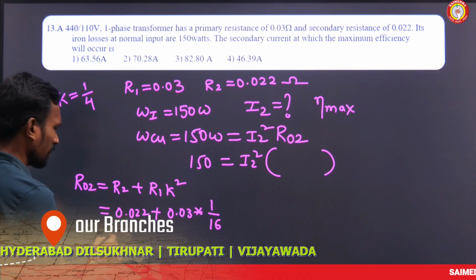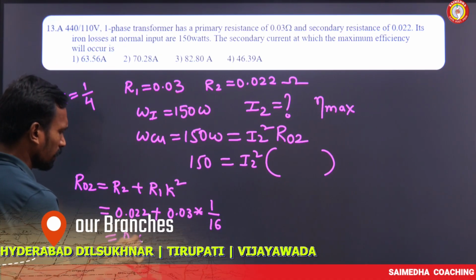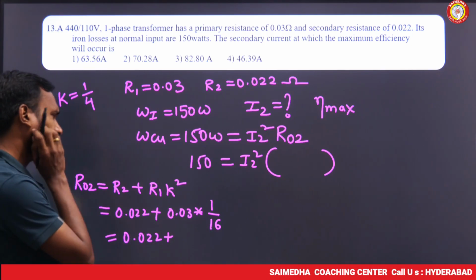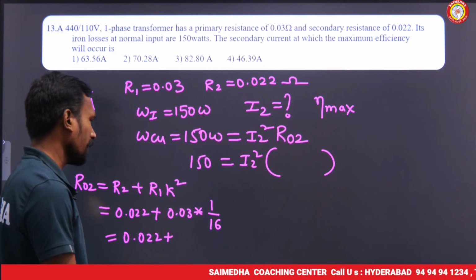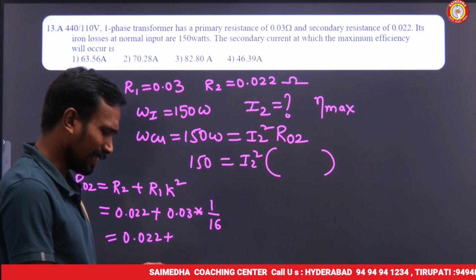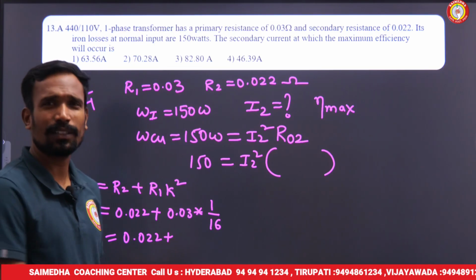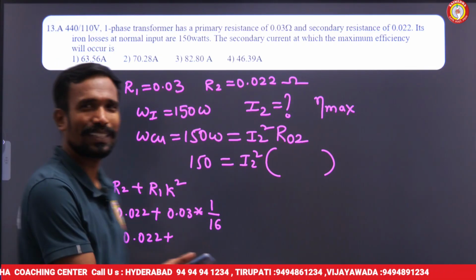So what is the answer, sir? 0.022 plus 0.03/16. I will calculate, sir. Actually, we shouldn't use the calculator, but here we need to utilize it.